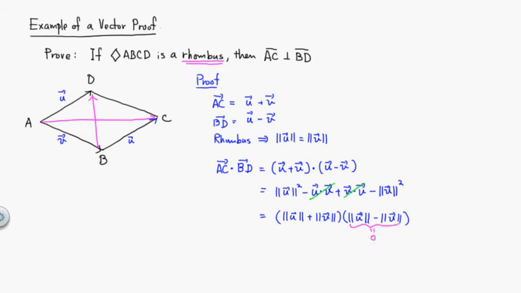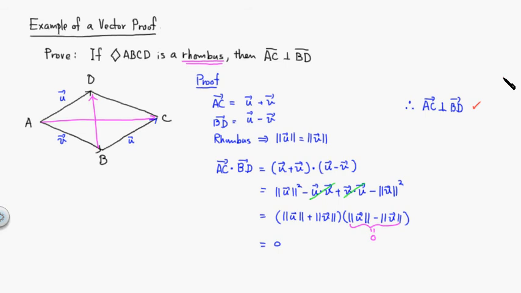So 0 times anything is 0, which means that, therefore, vector AC is perpendicular to vector BD. That is equivalent to saying that these two diagonals are perpendicular to each other.